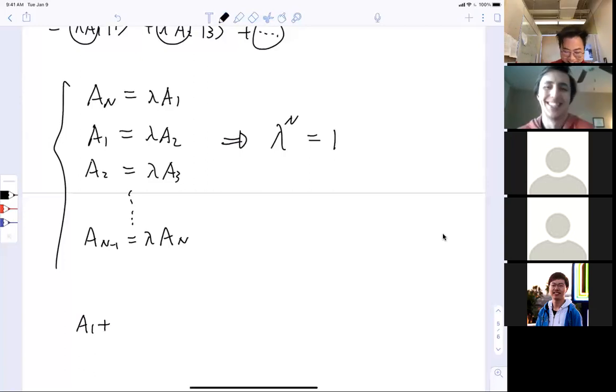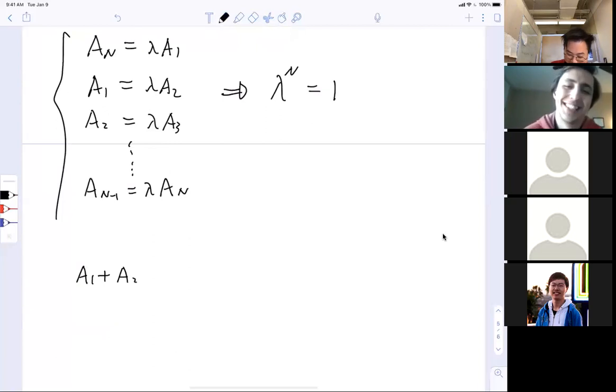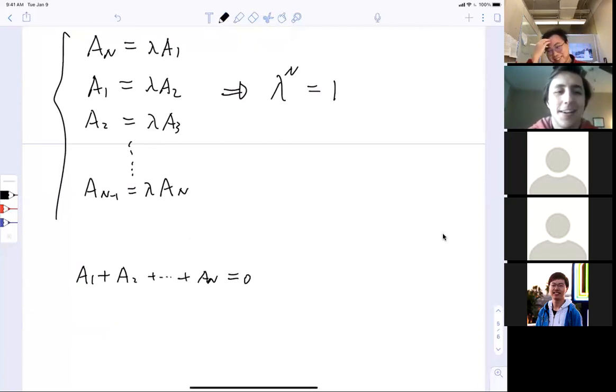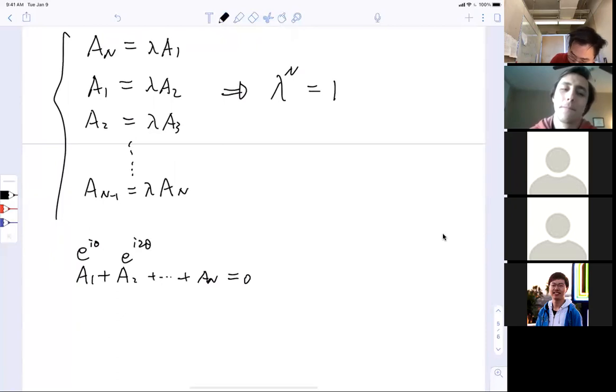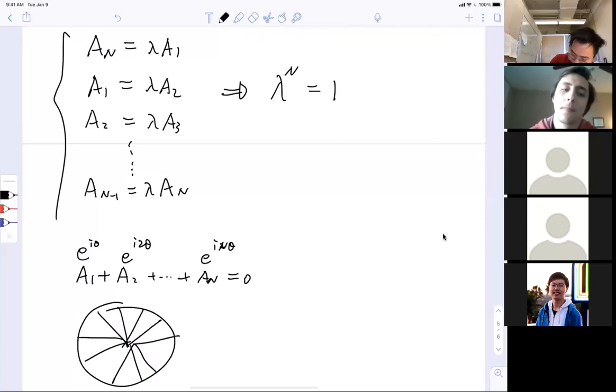So lambda 1 plus lambda 2 plus up to lambda n turns out to be 0, because eventually this lambda 1 is some exponential i theta, this guy is exponential 2 theta, up to exponential n theta. So if you add them together, eventually they all cancel out and give us 0.